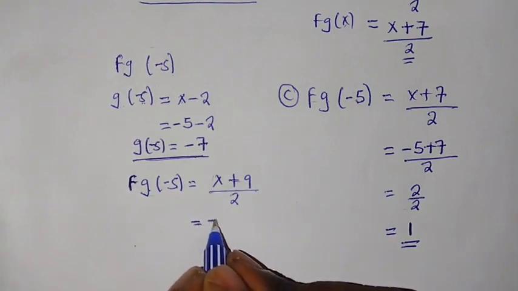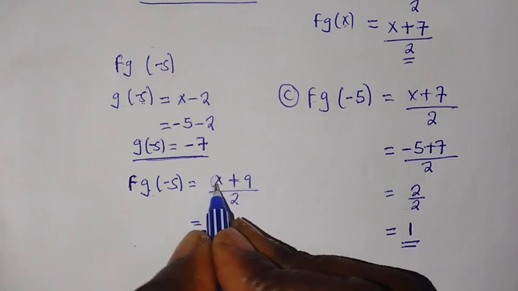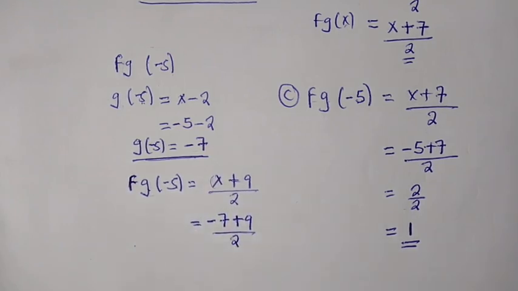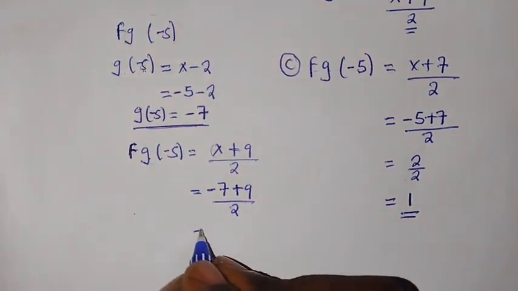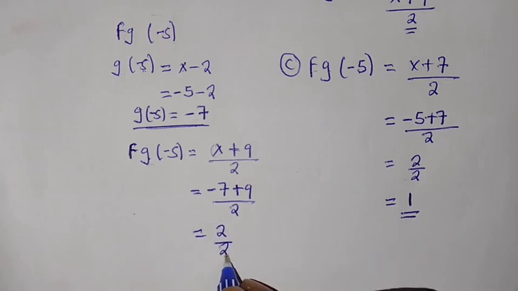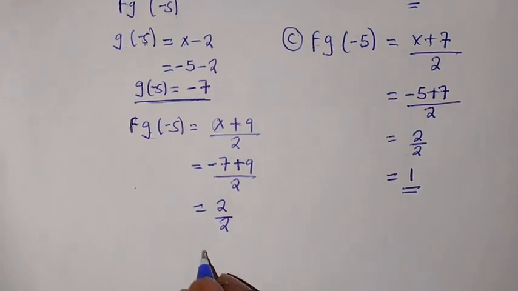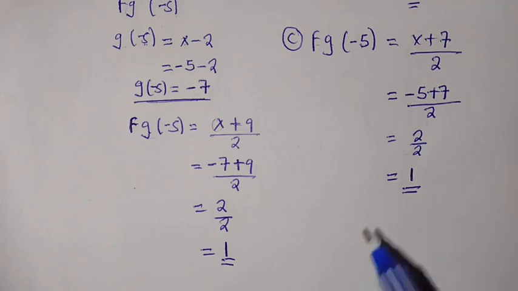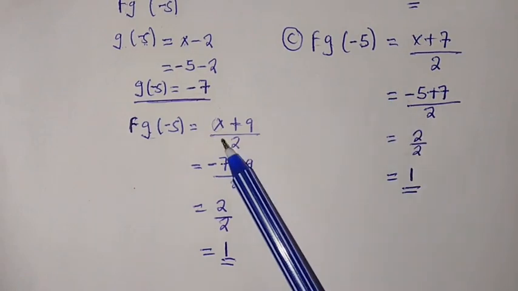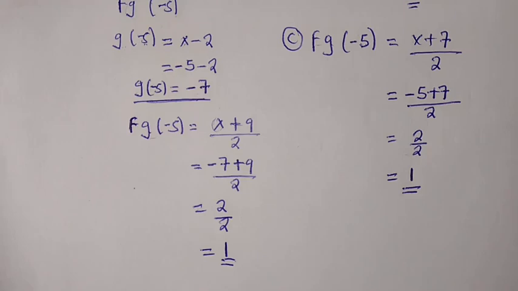So (-7 + 9)/2 gives us 2 over 2, and 2 divided by 2 gives us 1. You can see even here the answer is 1. So the two methods give the same answer, and you can use either of them.